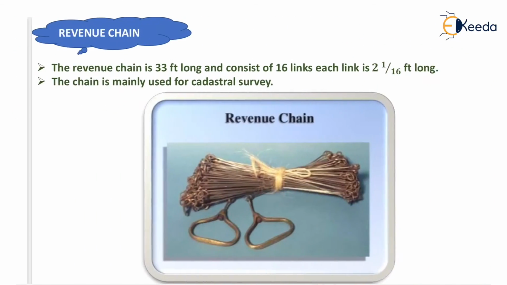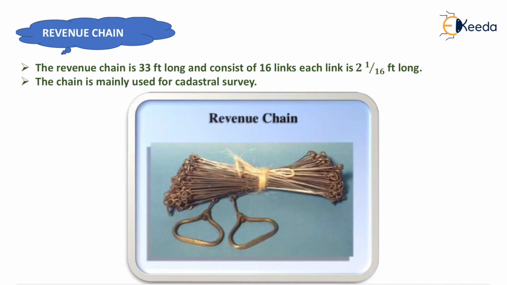Now we can move to the revenue chain. Now revenue chain length is very short, that is 33 feet long, and it consists of only 16 links. So the length of one link is only 1/16 feet, and it is generally used for cadastral surveying.